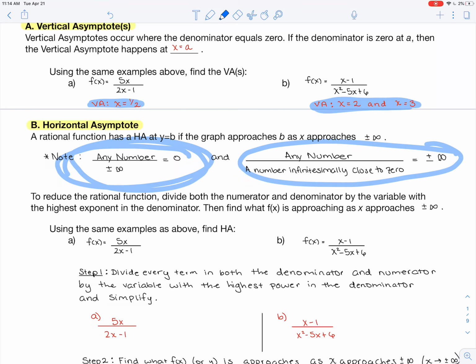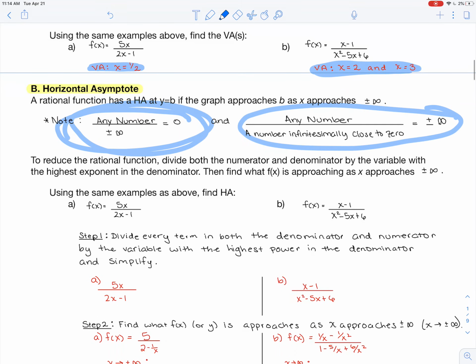The more zeros you add, the larger your fraction gets, and it gets closer to positive infinity, of course, if you're dealing with positive numbers. If you're dealing with negative numbers, then you're going to get closer to negative infinity. So keep those two fractions in mind, because we're going to use them to find horizontal asymptotes.